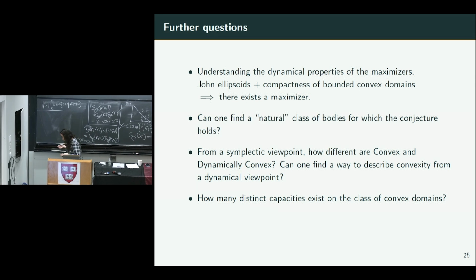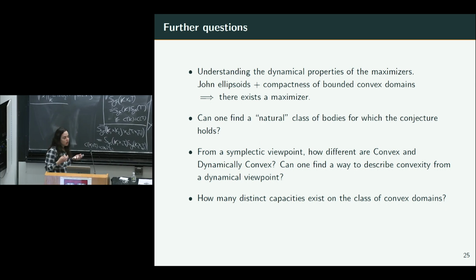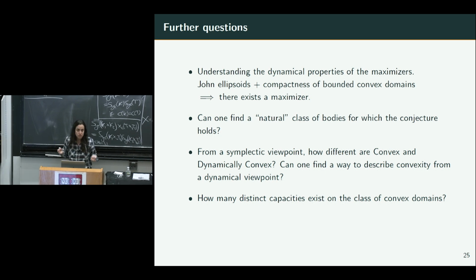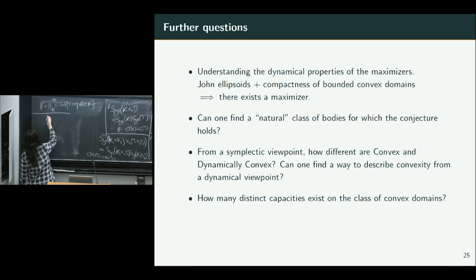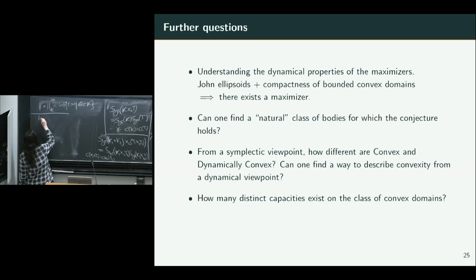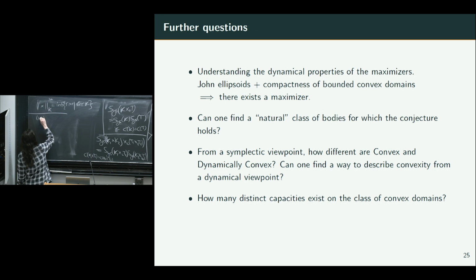But still one can ask how many capacities there are now on convex domains. Of course one could look at the average of two capacities: (1 minus lambda) times the Gromov width plus lambda times the cylindrical capacity. This would also be a normalized capacity.